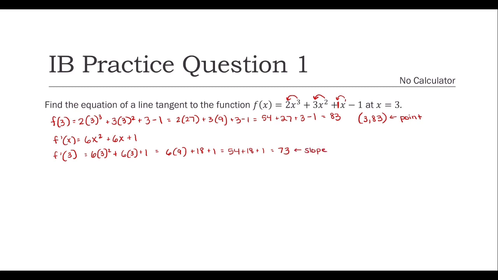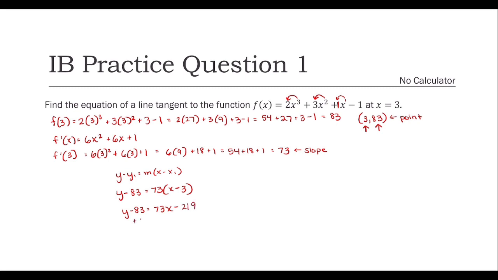So we'll plug this into our y minus y1 equals m times x minus x1. So y minus our y, which was 83, equals our slope, which was 73, times x minus our x, which was 3. So then we have y minus 83 equals 73x minus 73 times 3, which is 219.